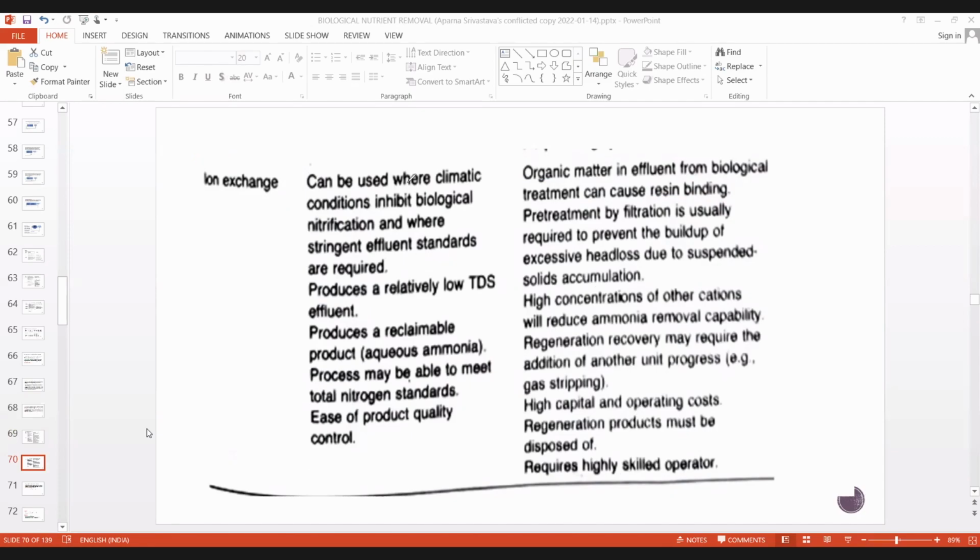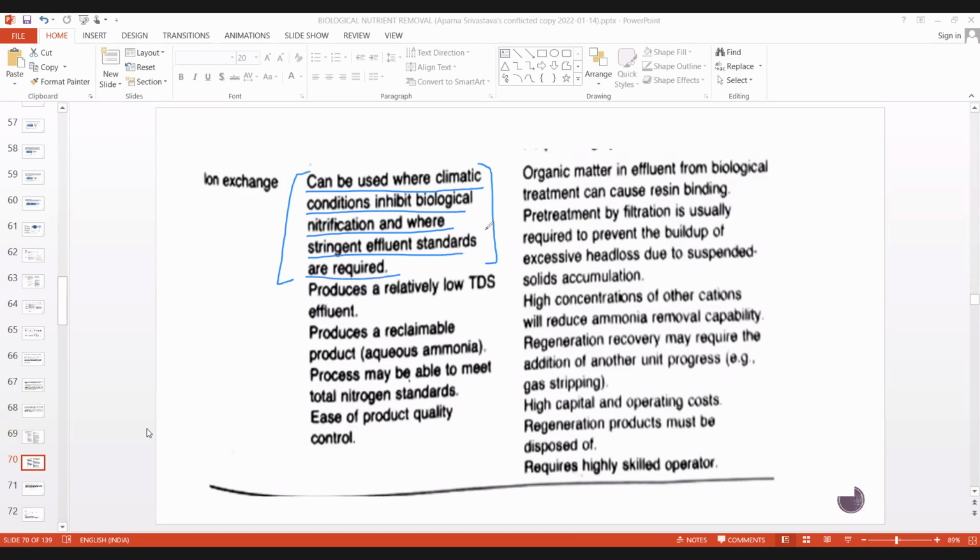Number one, ion exchange can be used where climatic conditions inhibit biological nitrification, where stringent effluent standards are required. Means you are very focused about this. You want 100% removal.